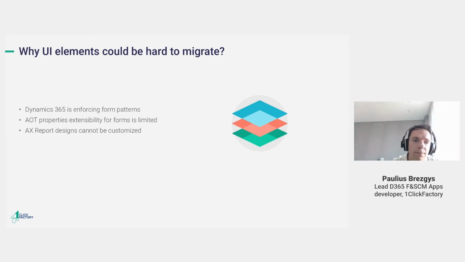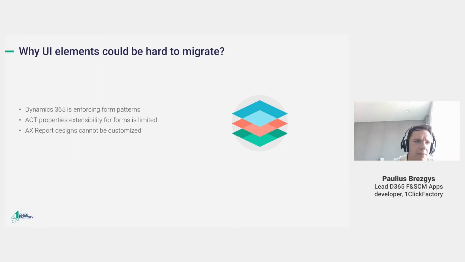So first of all, Dynamics 365 is enforcing specific form patterns. Dynamics 365 has very strict user interface guidelines. And while AX on-prem versions also have written guidelines, now they are enforcing them. So your forms will not work if they don't adhere to some design pattern. Second of all, there's limited features for extensibility.